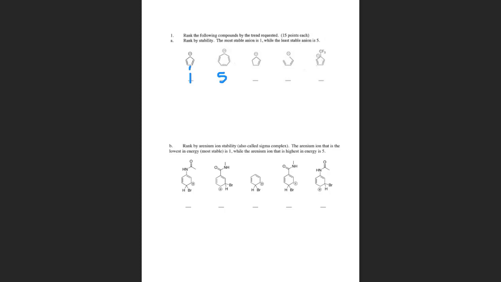Okay, why less than 1? So electron withdrawing groups on it. Okay, I like that. So if you have a negative charge and you have a group that kind of pulls electrons towards it, do you think that would make that negative anion worse, or do you think it would help stabilize it?